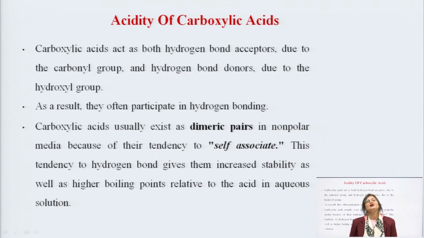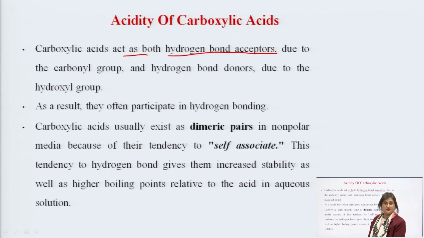Now, coming to the most important property of carboxylic acids, which is acidity of carboxylic acids. So, now we shall be discussing in detail the acidity and the effect of substituents on the acidity of carboxylic acids. Carboxylic acids act as hydrogen bond acceptors.